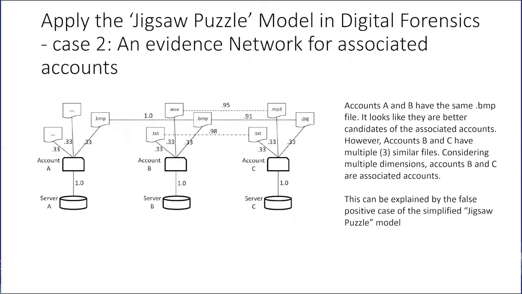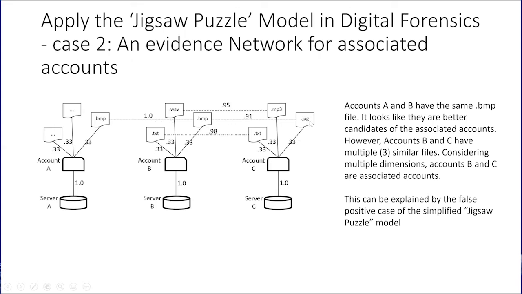This is another example about associating accounts. So in 3 servers, there are 3 accounts, and these accounts own some files, like these 2 files on 2 machines are the same file. So the correlation is 1.0.